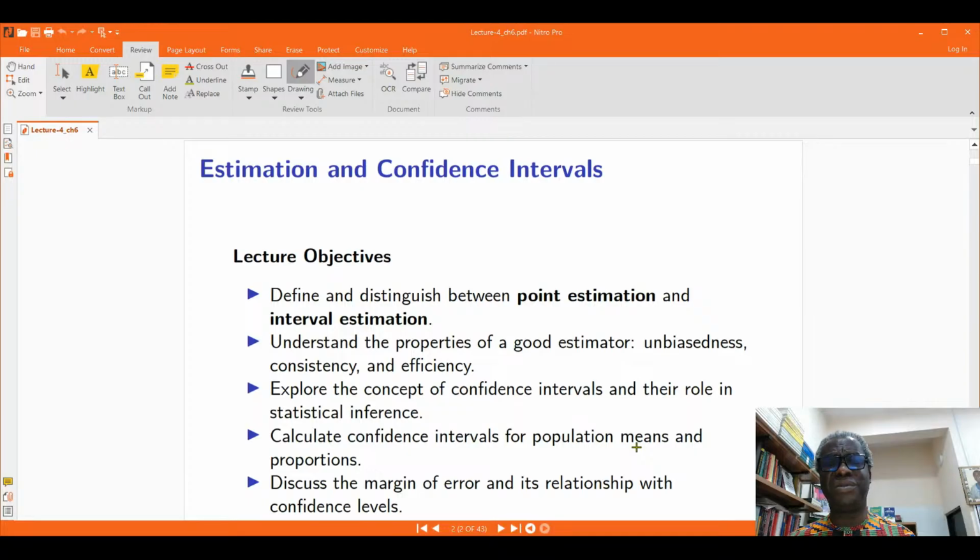How also can you calculate confidence intervals for proportions? And finally, you should be able to discuss the role of margin of error and how sample size and variability affect the margin of error. So these objectives are designed to guide our discussion and practical applications today.